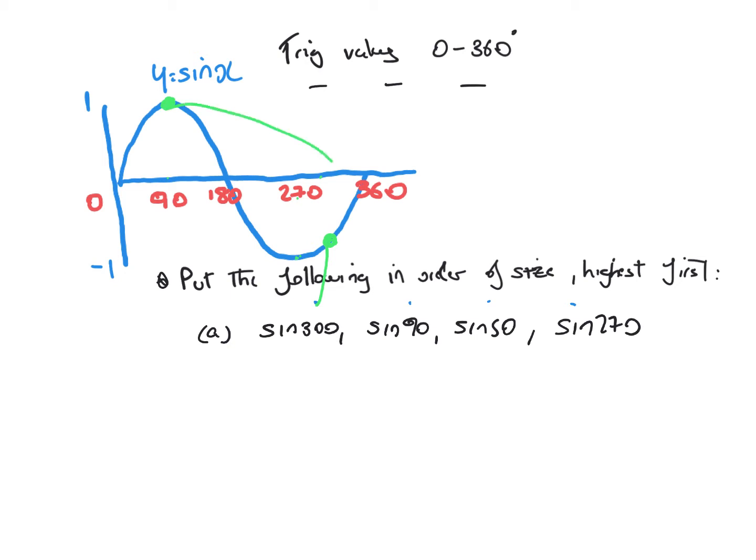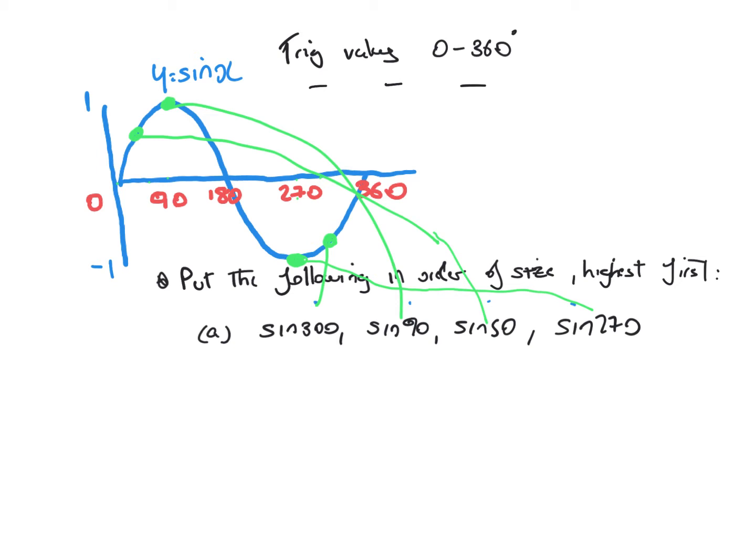Okay, there's sine 90. Sine 50, right, well sine 50 will be between 0 and 90, maybe about there. There's sine 50. And then finally sine 270, if I go along to 270 and go down, there it is there. Okay, now when it says highest first, it literally does mean highest first.